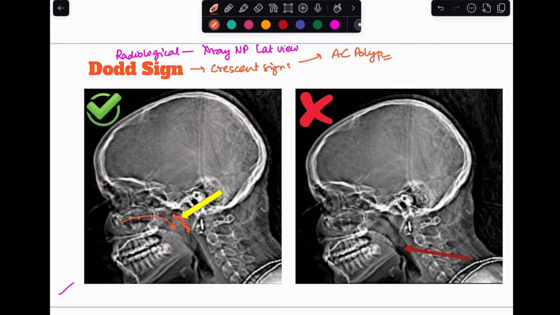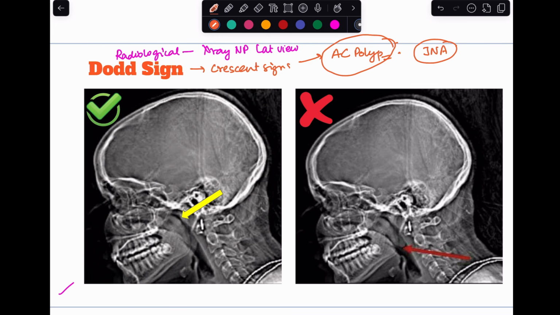Now, what is the importance of this Dodd sign? The Dodd sign actually helps us in differentiating between two conditions. It helps us in differentiating between antrochoanal polyp as well as a case of juvenile nasopharyngeal angiofibroma.